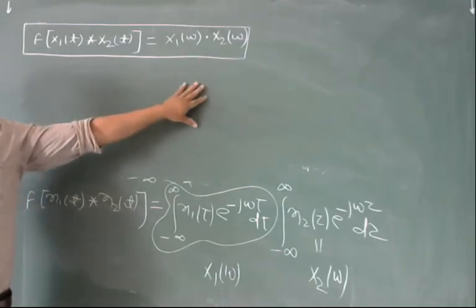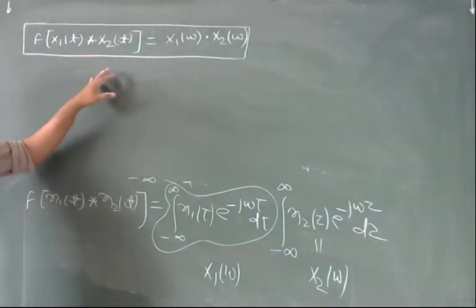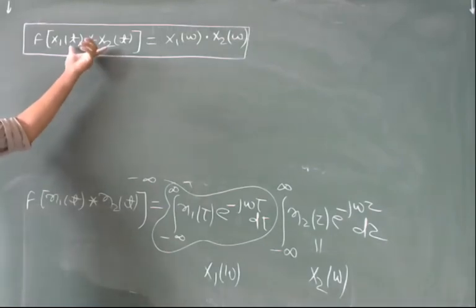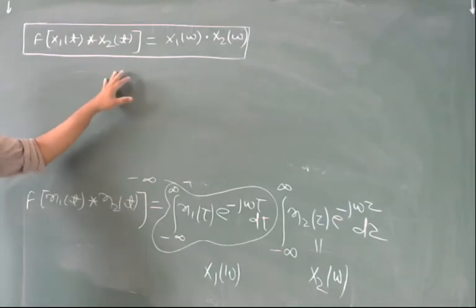This will help in the determination of the convolution for the complex signals. For the complex signals, the integration of x1t convolution with x2t will become very complex.